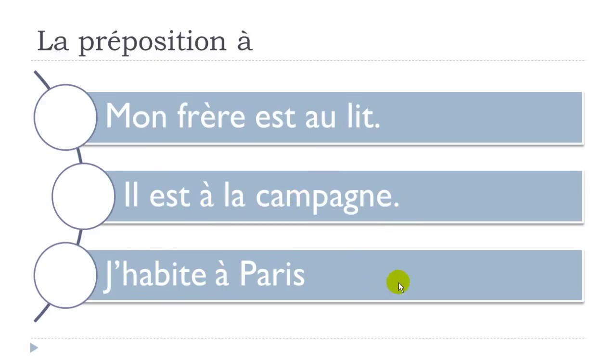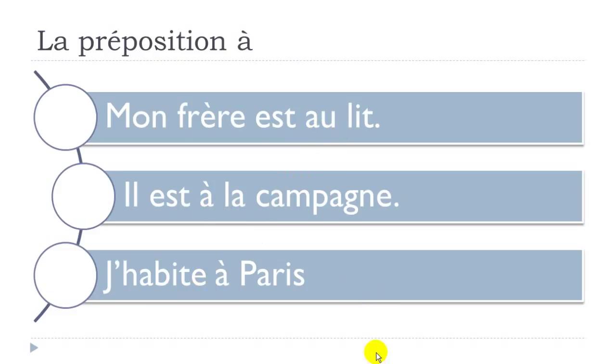J'habite à Paris. Okay, so if you want to translate this in concept that would be in English, then it should be à with, as we saw, the combination with the articles if needed, and the modification: au lit, à la campagne, à Paris. All right.